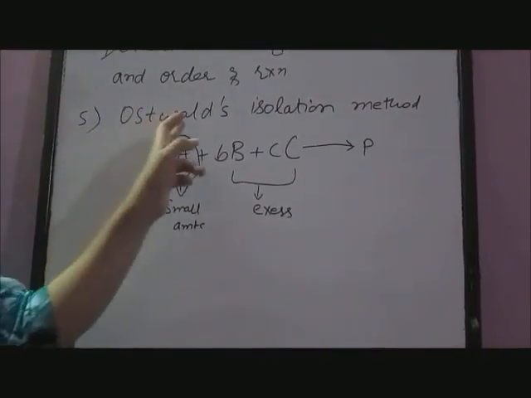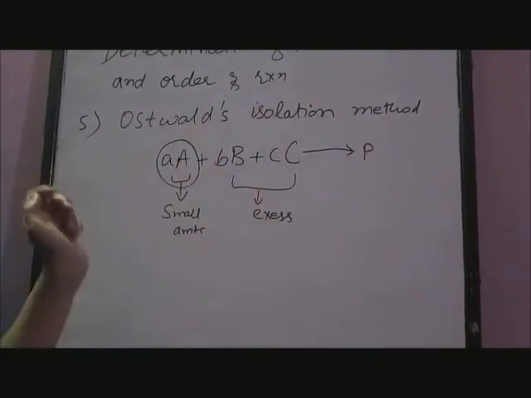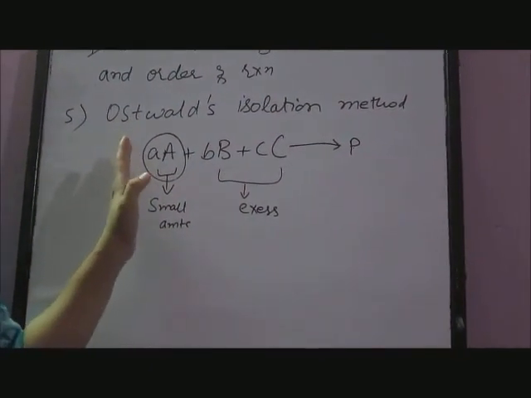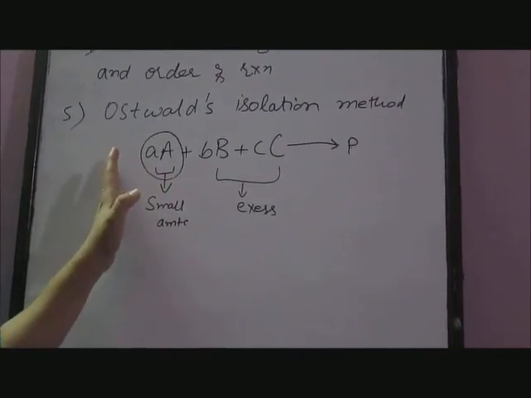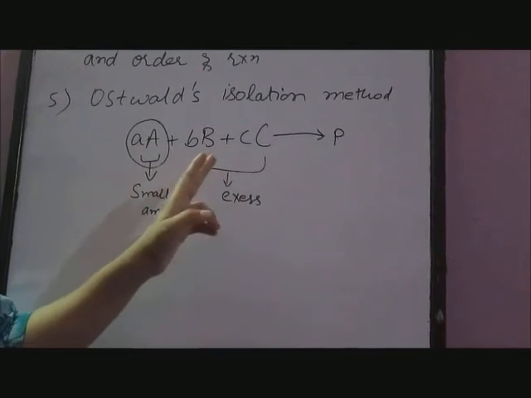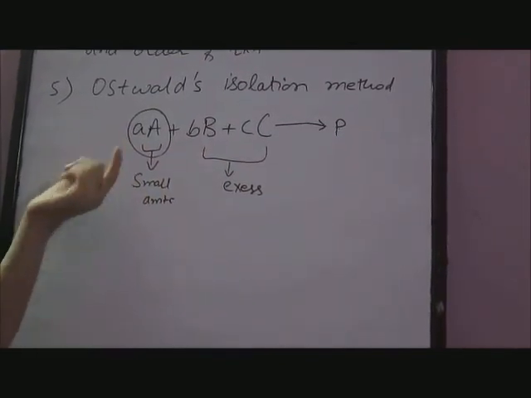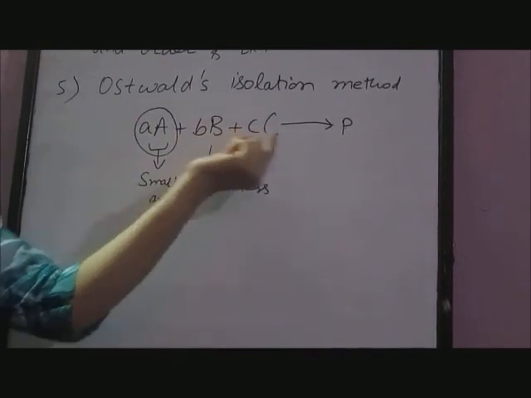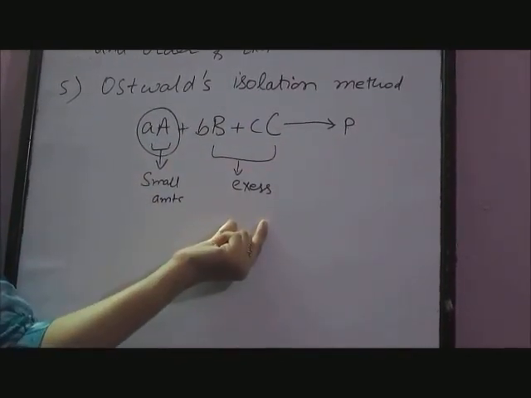Next method is the Ostwald isolation method. This method is used when a number of reactants are present. Here all the reactants are in large excess except one reactant, that is A, which is present in small amounts. B and C are in excess amounts.